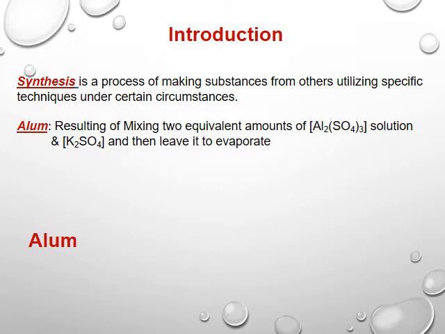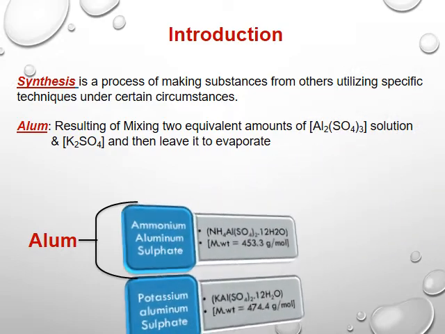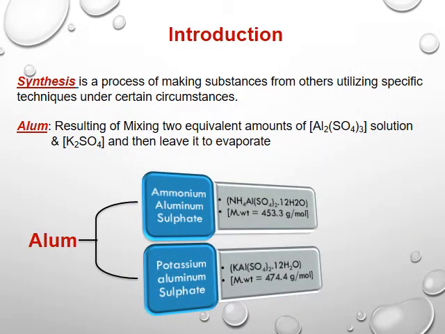Now الألوم, there are two different types of alum: aluminum sulfate and potassium aluminum sulfate. Potassium aluminum sulfate is the one that we are going to synthesize today.